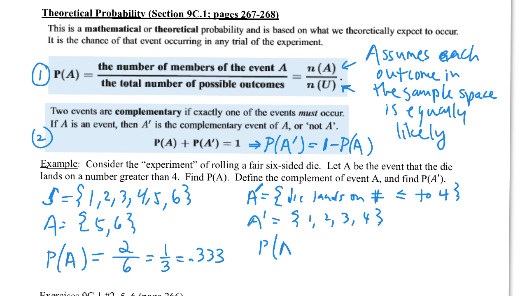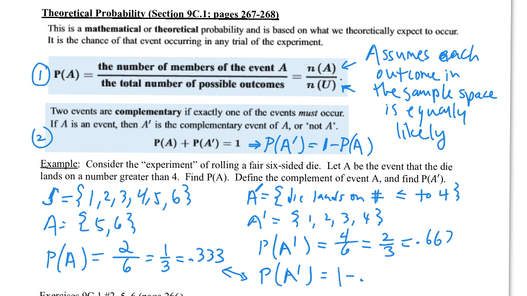So using the probability rule number 1, I can say, oh, well, it has 4 out of the 6 outcomes in it, which is 2/3 or 0.667. Or I can follow that complement rule and get P of A prime, knowing I already had P of A worked out, to just be 1 minus 0.333, to also get 0.667 that way as well.